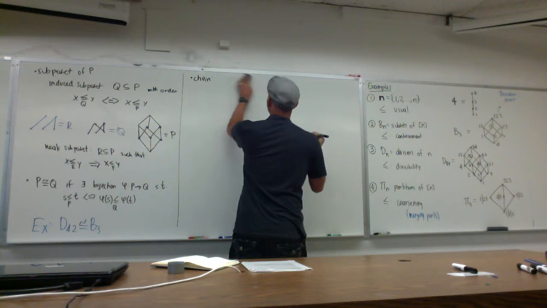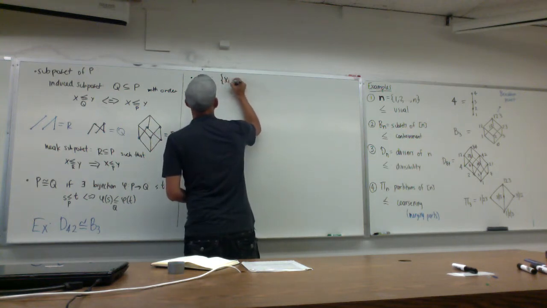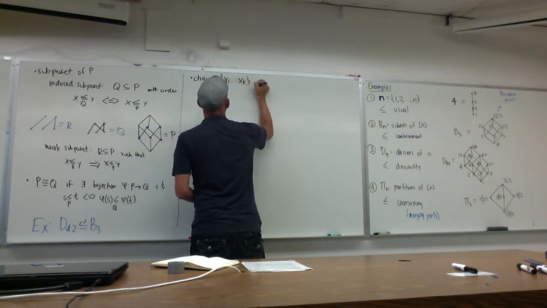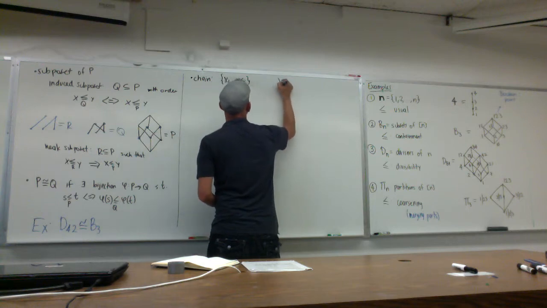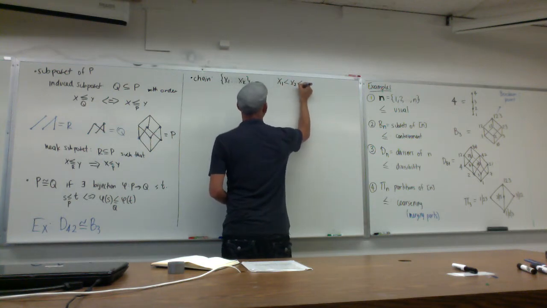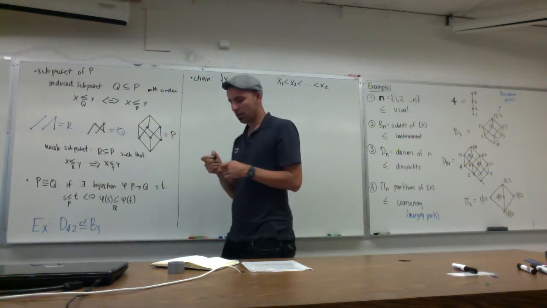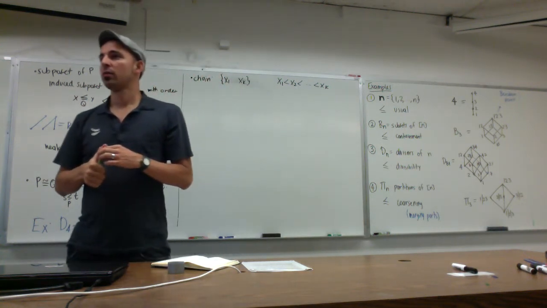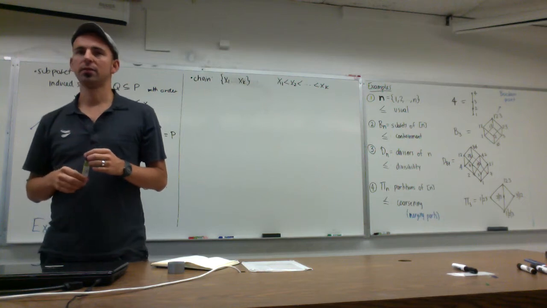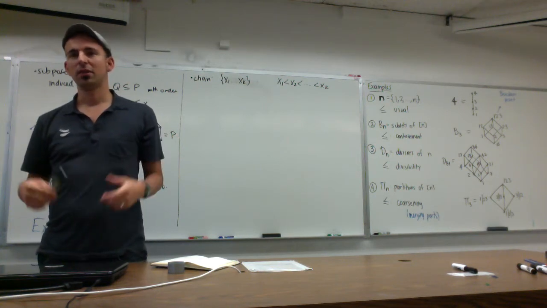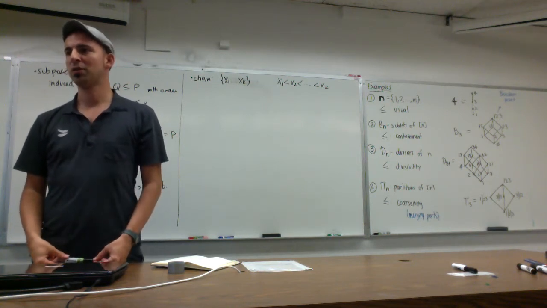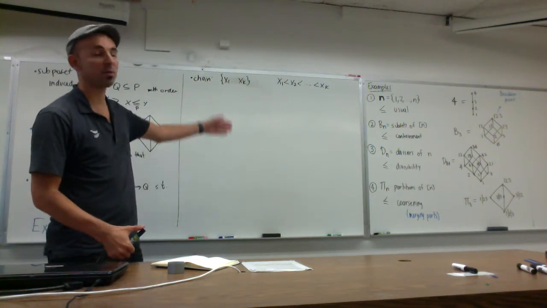So it's a set such that x1 less than x2 and so on. Almost everything that we're going to do is for finite posets, and that's why I define a chain to be finite.